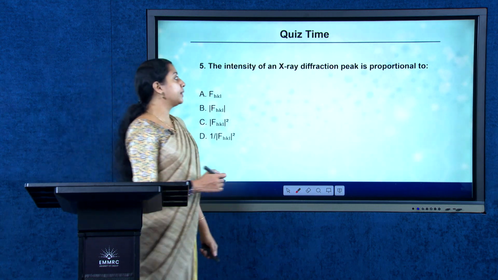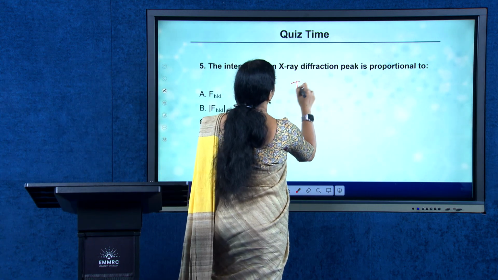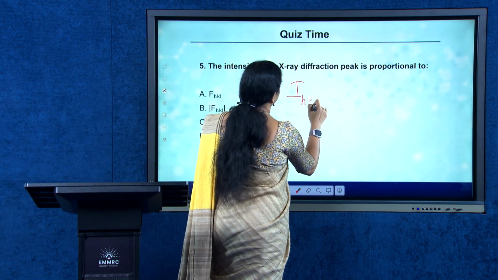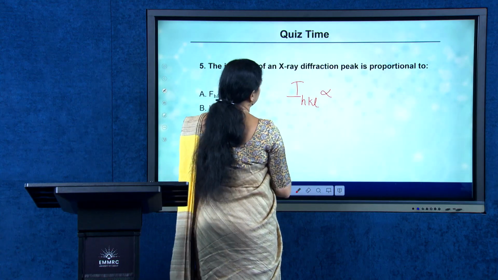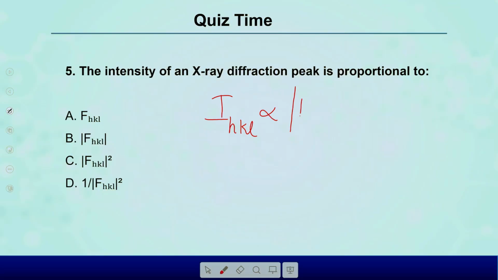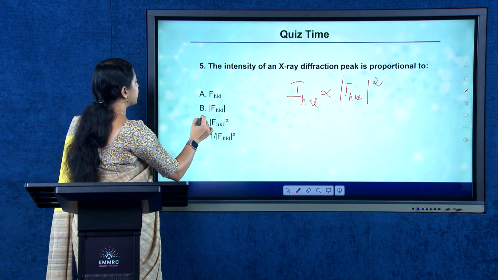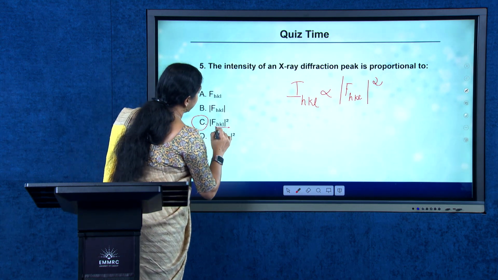We have seen that the intensity of a diffraction peak from a particular plane is proportional to the modulus of FHKL square, or the square of the structure factor. So, the correct option is option C, FHKL square.